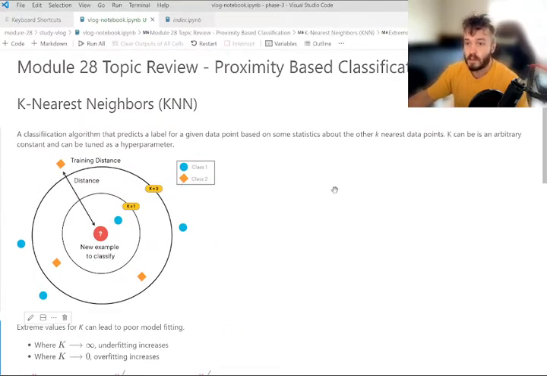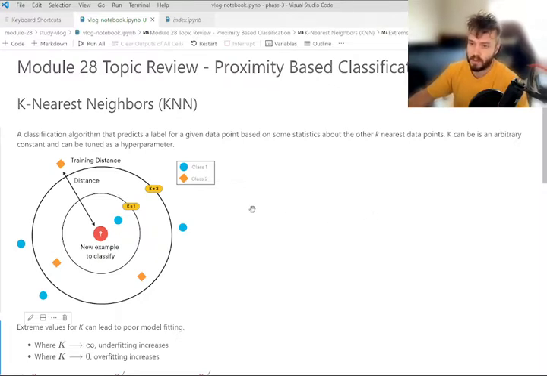Basically, K nearest neighbors is a classification algorithm that classifies a given data point based on some statistics about the other data points within a certain range of that given data point.